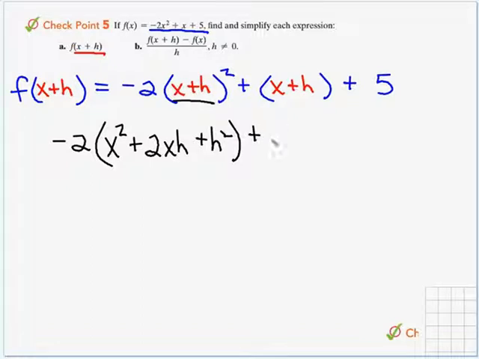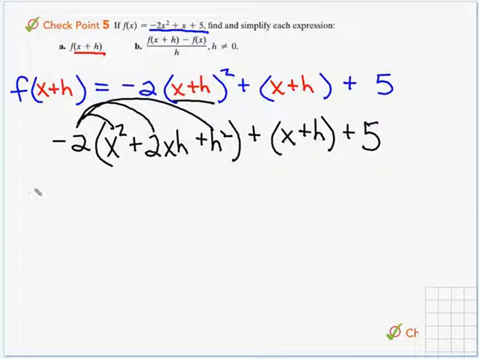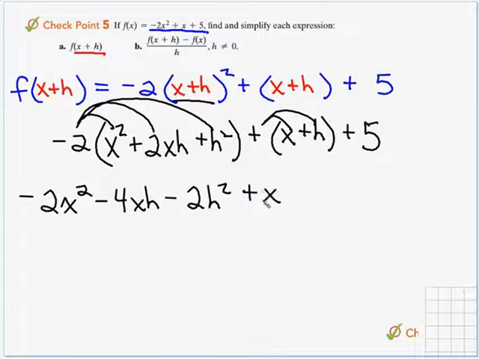And I won't distribute the positive one yet and drop the parentheses. We'll do that on the next step when we distribute this negative 2. Now it is a minus 2x squared, minus 4xh, minus 2h squared, and now I'll distribute a positive 1 or just disregard the parentheses, plus x plus h plus 5.